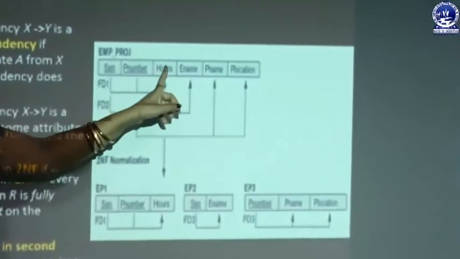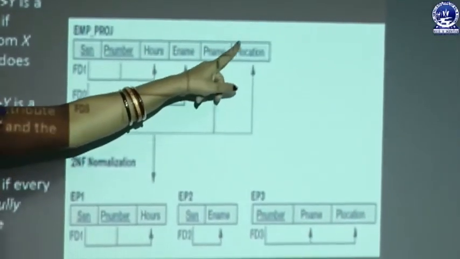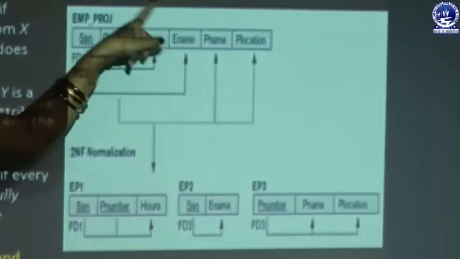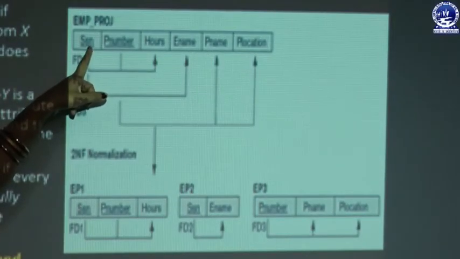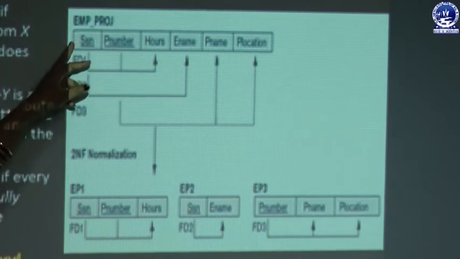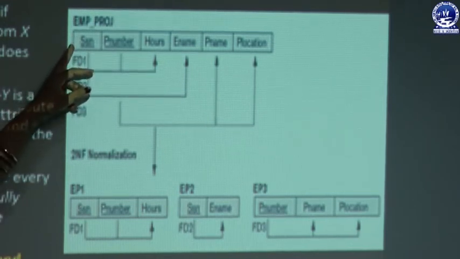You can see this relation schema is not in second NF because the non-prime attributes ename, pname and plocation are not fully functionally dependent upon the key attribute. They partially depend upon the key attribute.